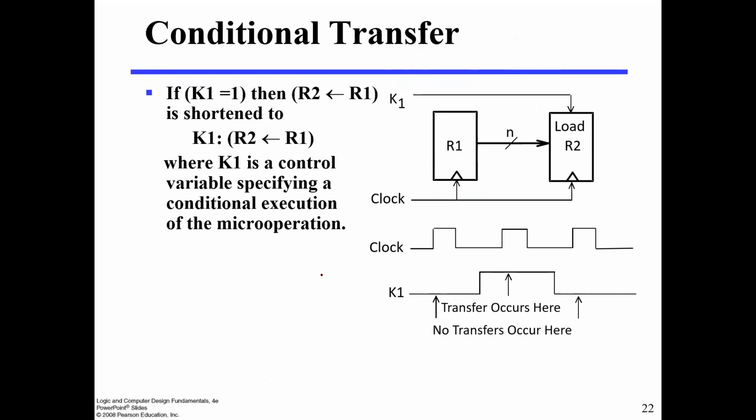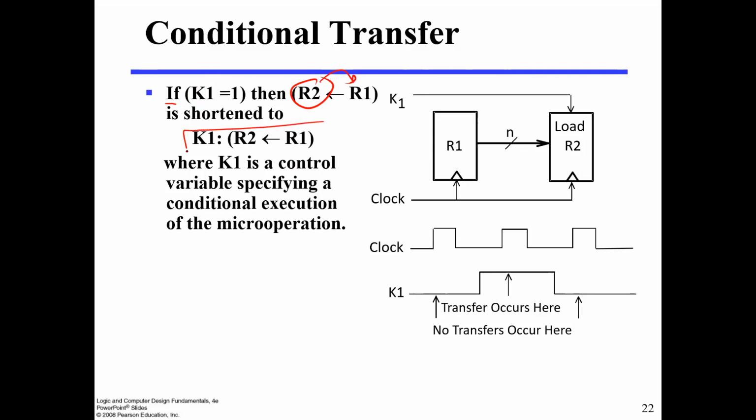طيب notation عندنا notation مهم جدا اللي هو conditional transfer. Conditional transfer means if I have another register called K1, it's a 1-bit register. If K1 equals 1, I want to load R2 with the value of R1.